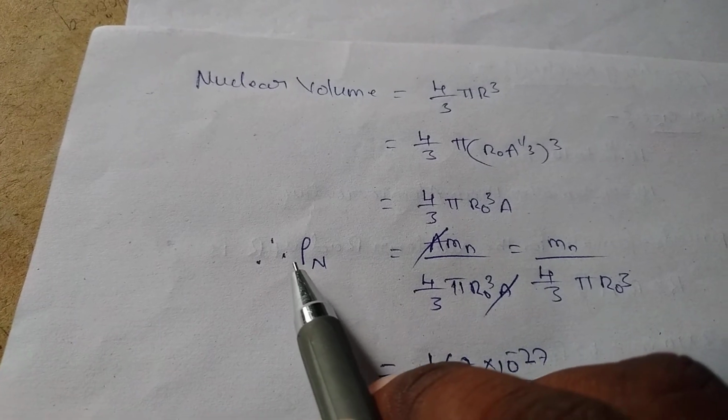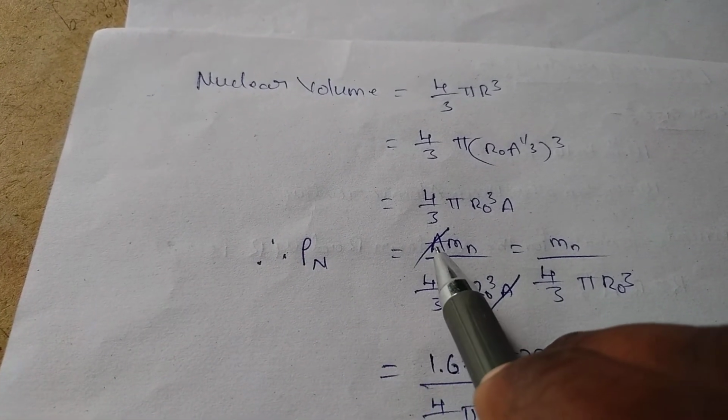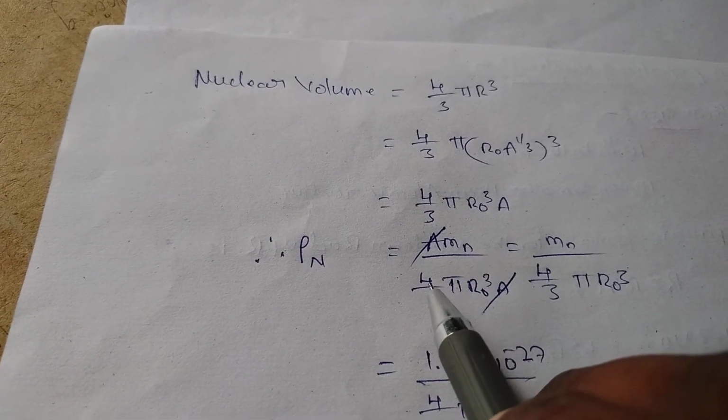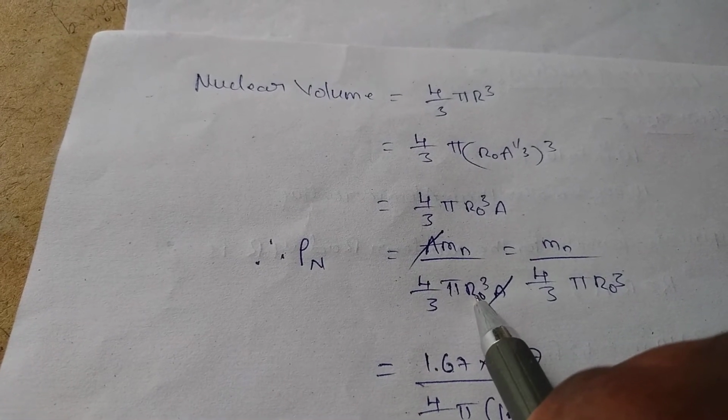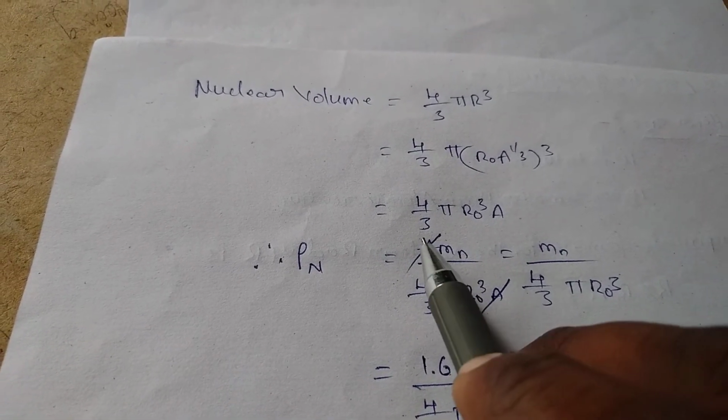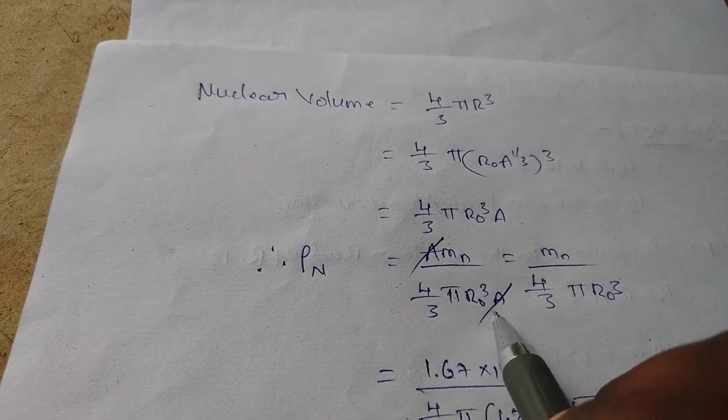Therefore rho suffix n equals A m suffix n by 4 by 3 pi R naught cubed into capital A. Numerator and denominator capital A cancel.